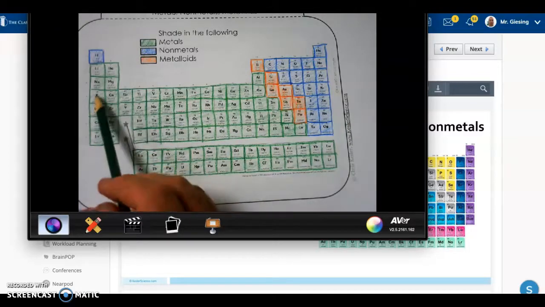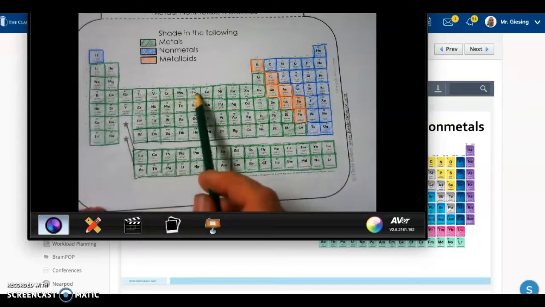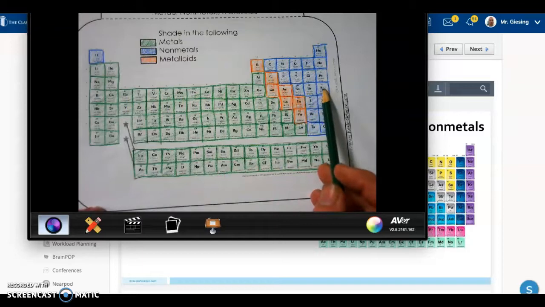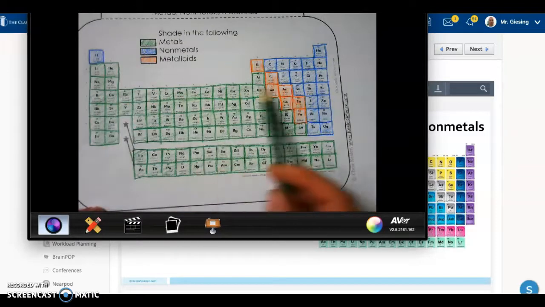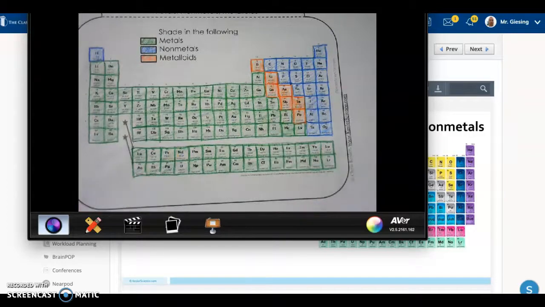The next ones go up to 18, I believe. 1, 2, 3, 4, 5, 6, 7, 8, 9, 10, 11, 12, 13, 14, 15, 16, 17, 18. So there are 18 in the next 2 periods. And then there are 18 electrons in the next 2 shells.